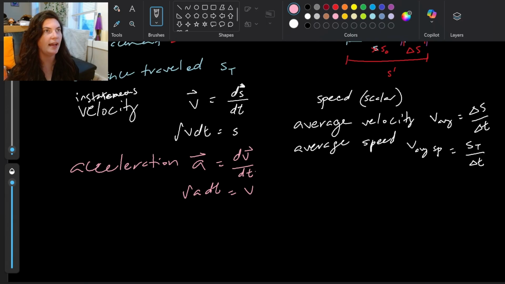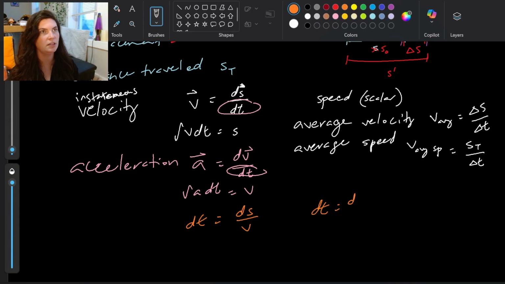So we can see I have a dt in these two formulas here, and if I go ahead and solve these for dt, so if I have dt equals ds over v, and for my acceleration, if I have dt is dv over acceleration, and set those equal to each other, then I can get an equation where I don't actually need a time component in order to solve.